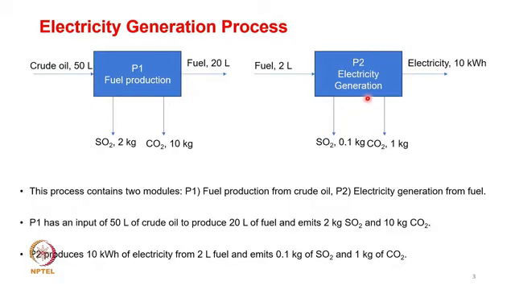Now let us look at a simple case study wherein you have a process 1 and a process 2. In process 1 you consume 50 liters of crude oil and you produce 20 liters of fuel.